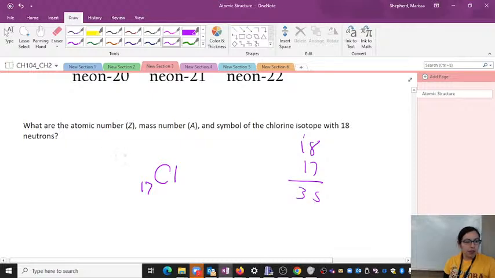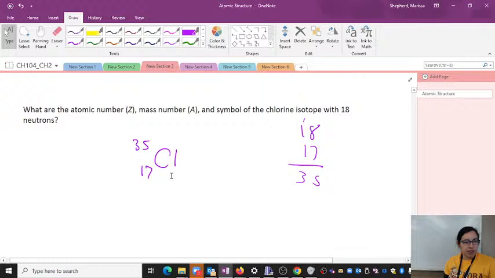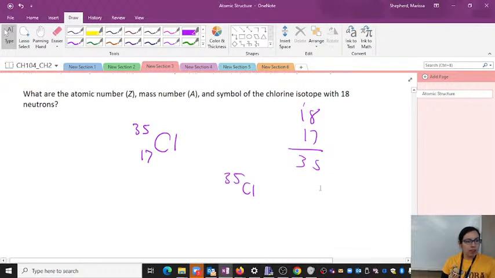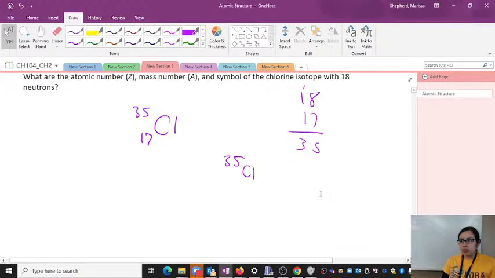That gives you 35. And I see it in the chat as well, thank you. So that's how we could write our 35 chlorine there. Again, you could also write it abbreviated. Any questions on that so far?